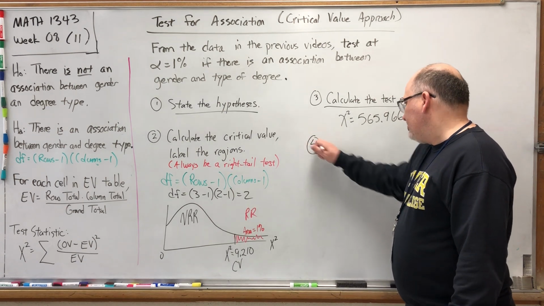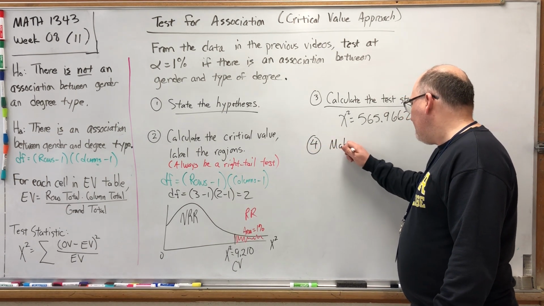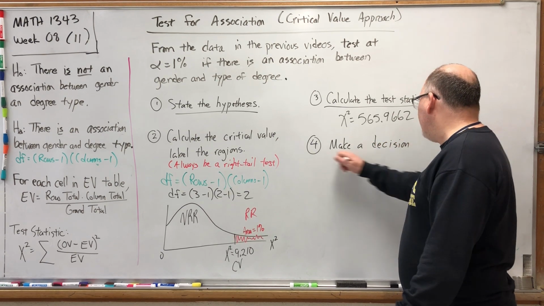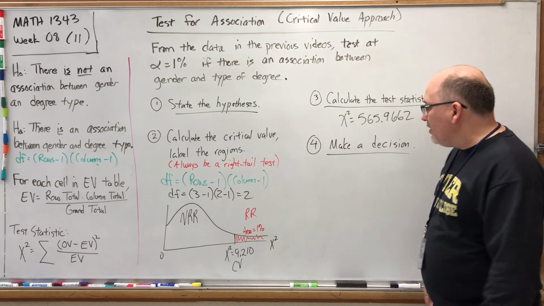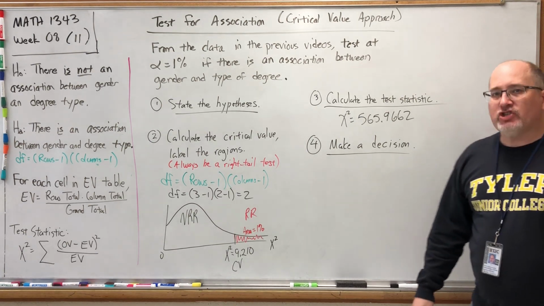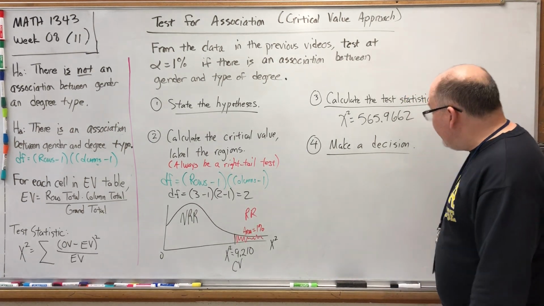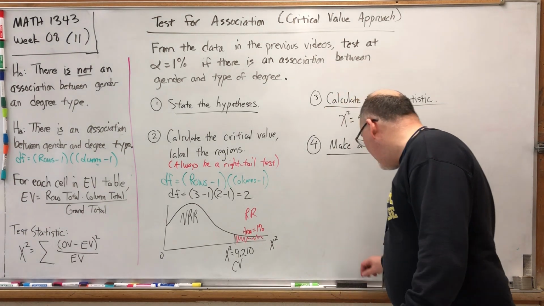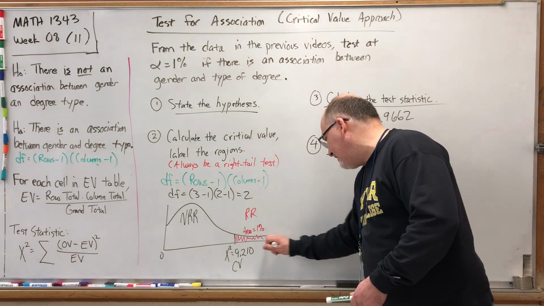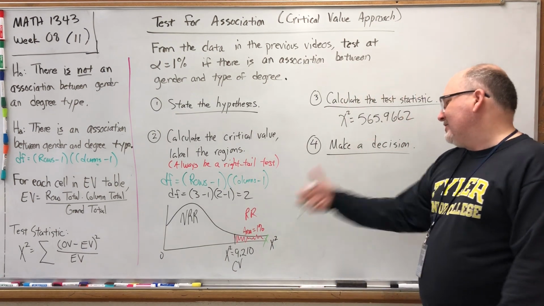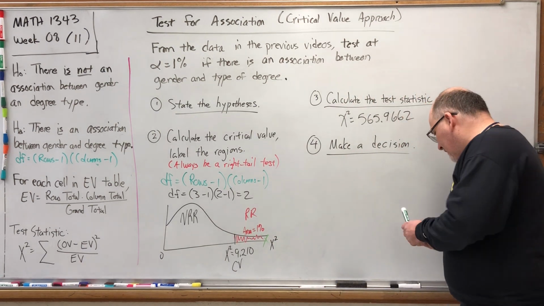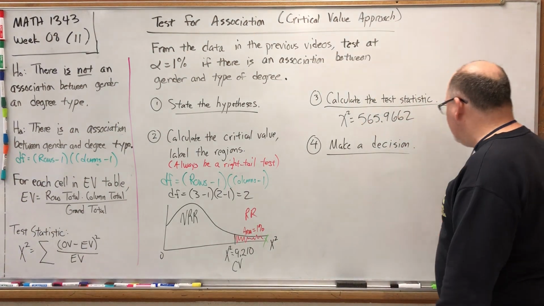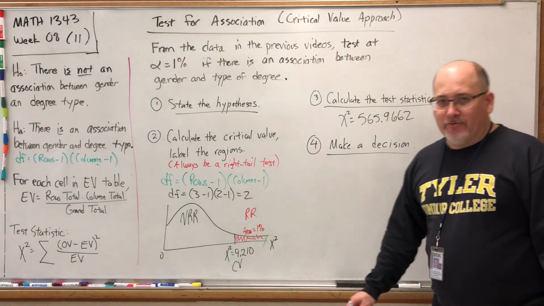Your fourth move, of course, is to make a decision. And in the critical value approach, the decision is based on whether or not your test statistic lands in the rejection region or non-rejection region. This test statistic, being ridiculously large, lands way to the right of the critical value, so this null hypothesis is very rejected, like Dikembe Mutombo rejected.